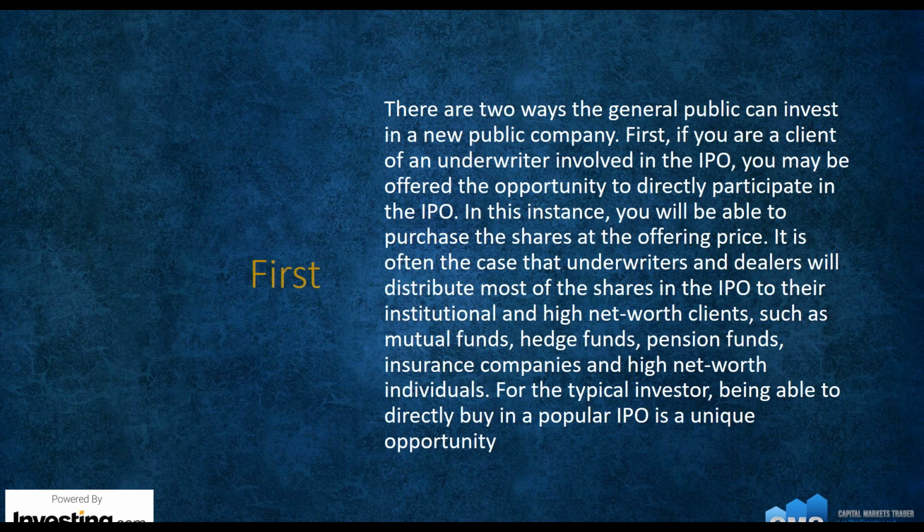Now, there are two ways the general public can invest in a new public company. First, if you are a client of an underwriter involved in the IPO, you may be offered an opportunity to directly participate in the IPO.